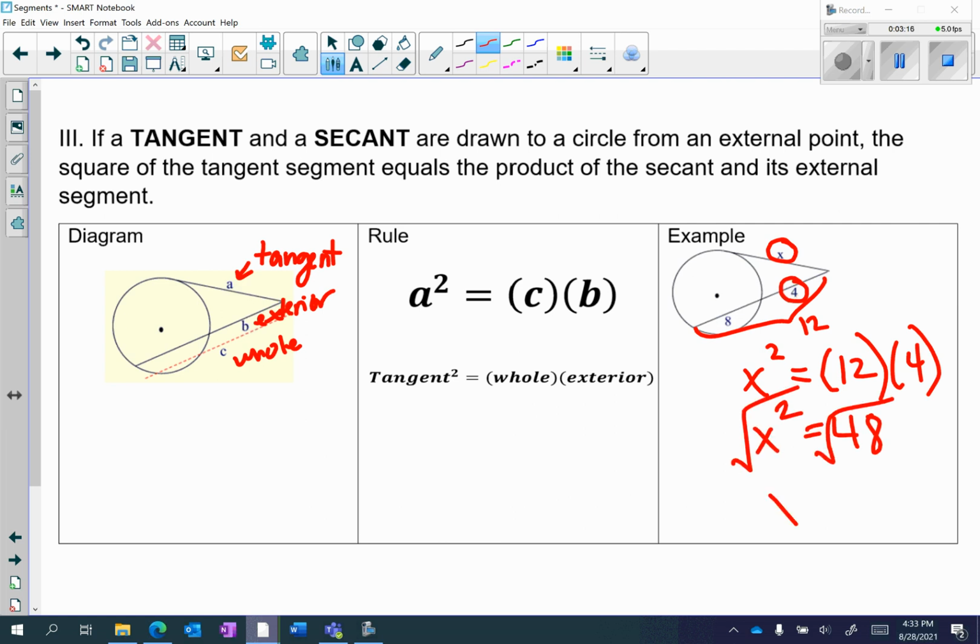Take the square root. So x is equal to the square root of 48. If we wanted to simplify that, that would be radical 16, which is the largest perfect square to go into 48, times 3. So that would really be 4 radical 3.